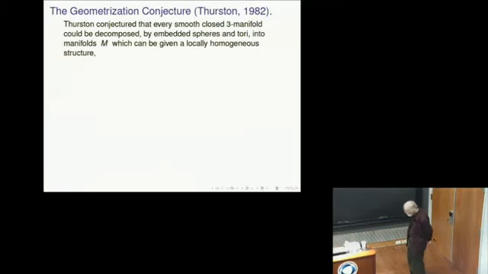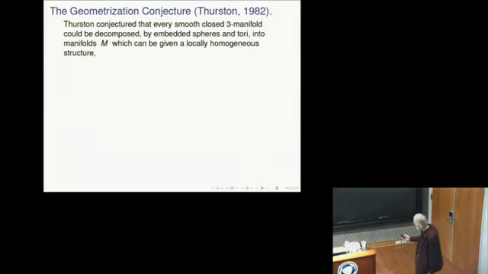And then in the 80s, Thurston introduced this very bold conjecture that every smooth closed three manifold can be decomposed into pieces, each of which has a homogeneous, or locally homogeneous, geometric structure.